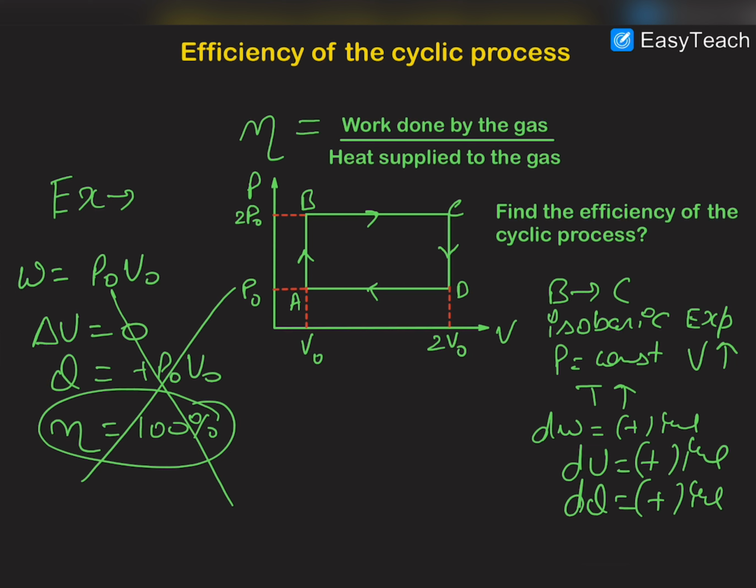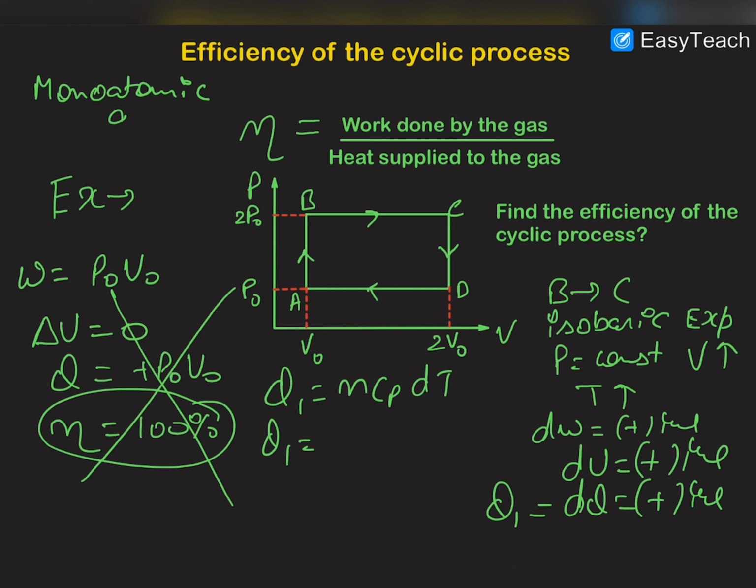Let us name this heat Q1. So Q1 will be n Cp dT, because this is an isobaric process, and in an isobaric process heat supplied is n Cp dT. Now it is given that it is a monoatomic gas.